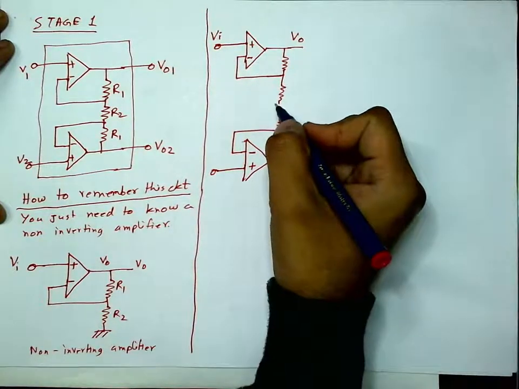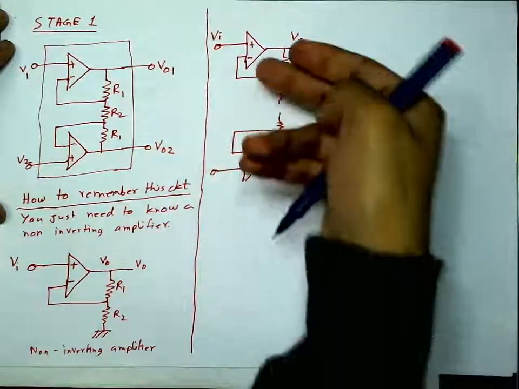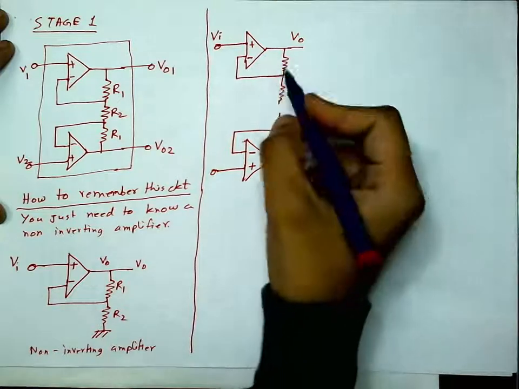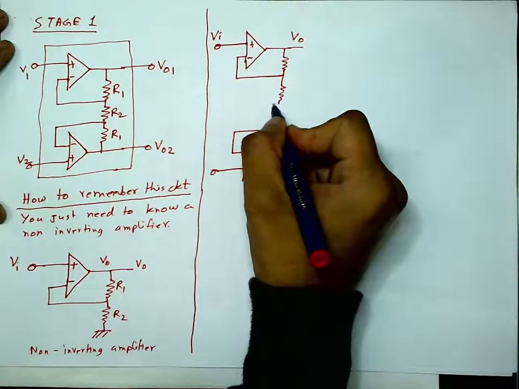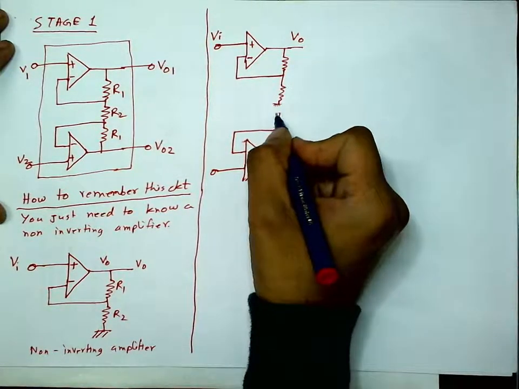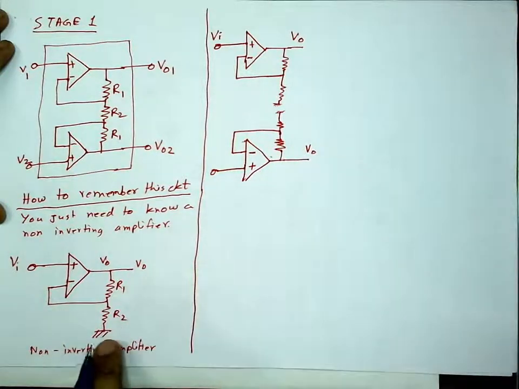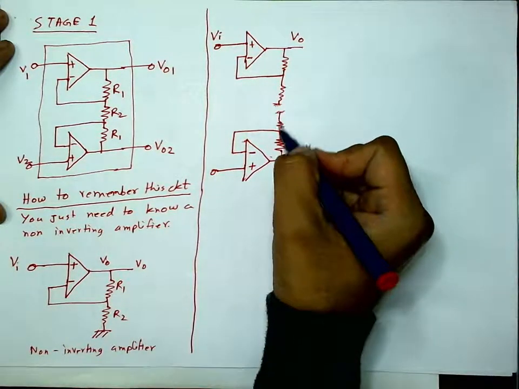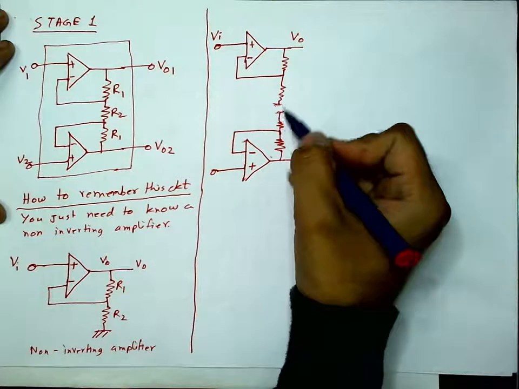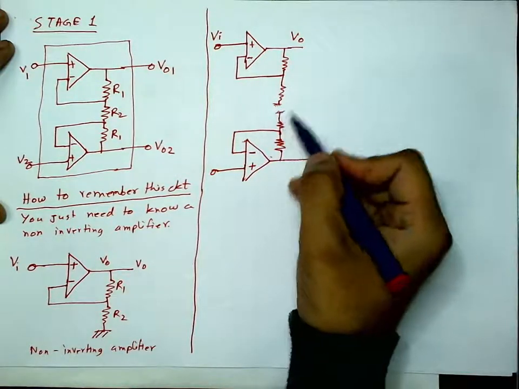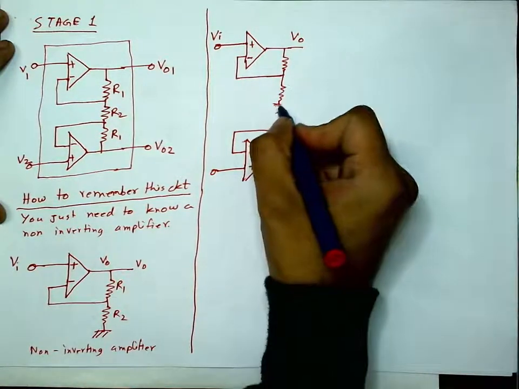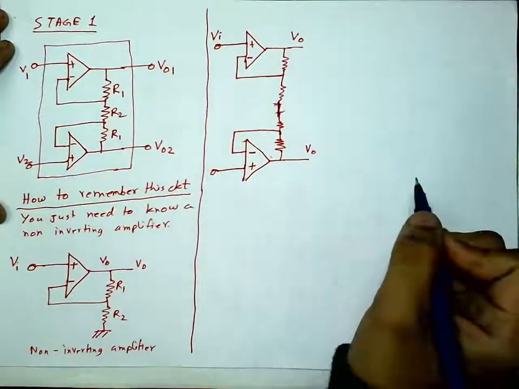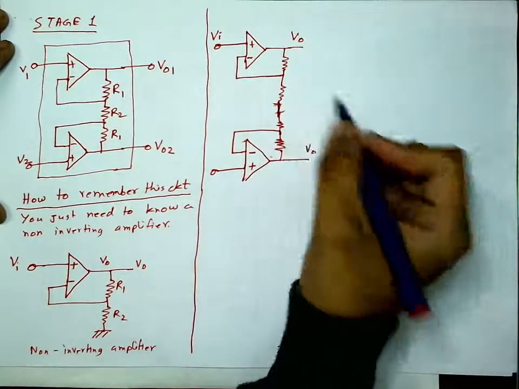Now what you do, you draw them in such a way that this point, which should be grounded, is facing each other. Now you just do this. Instead of grounding them, just short them.